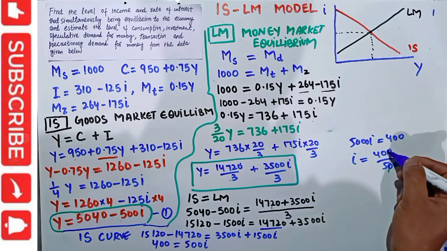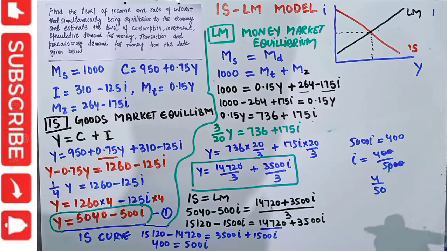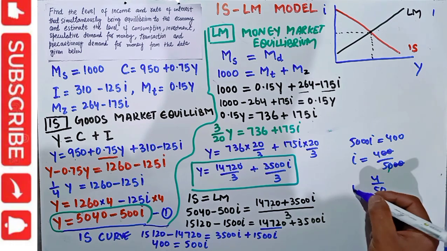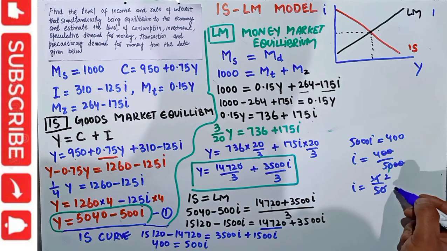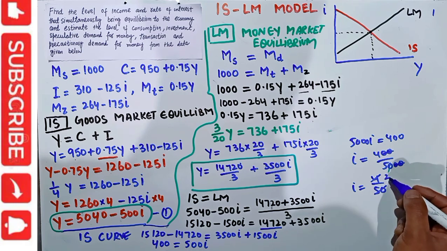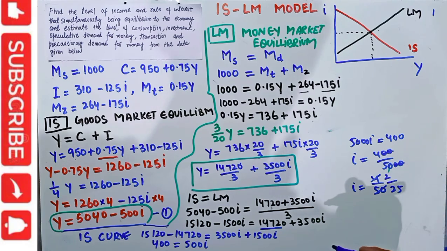So these two zeros get cancelled. We have 4 divided by 50, which will become 2 upon 25.